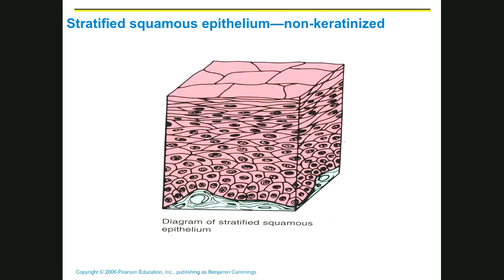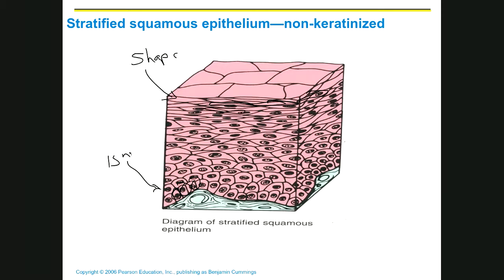Also look at this. If we look at the cell shapes, we look down here, look, these don't look squamous. They look cuboidal or something, but we're going to ignore those. We're going to look at the shapes here. That's where we're going to look for the shape. And if you look at the shapes of these, they're thin and skinny and flat-like. They're squamous.